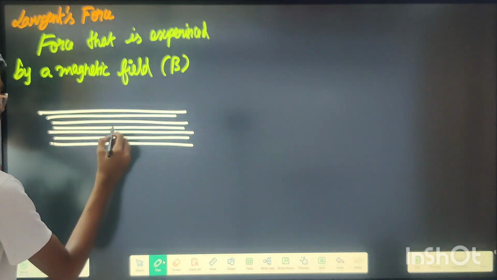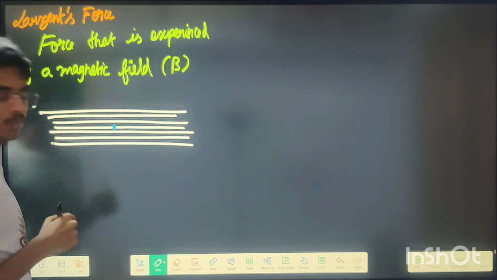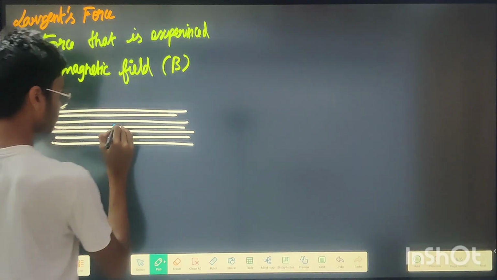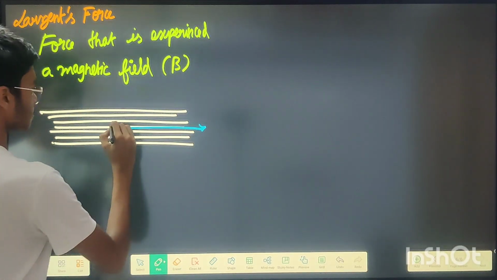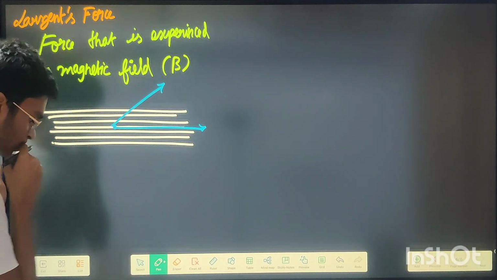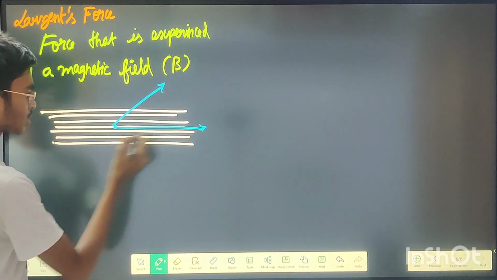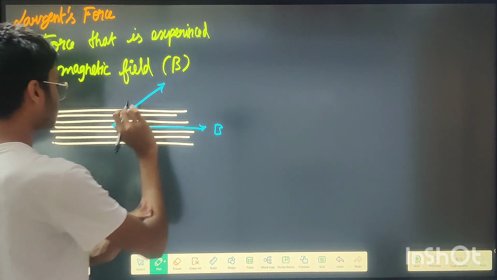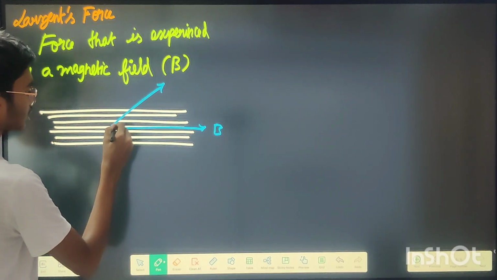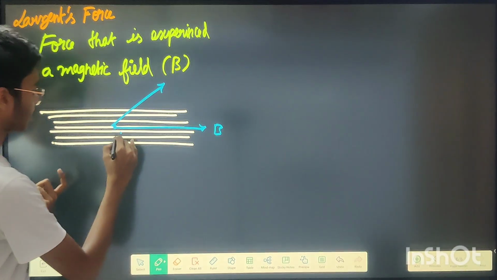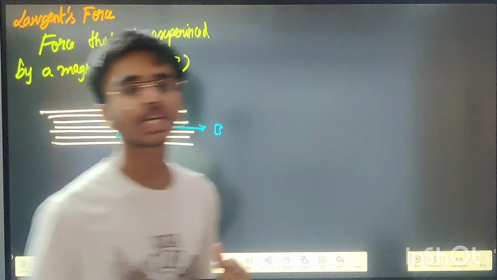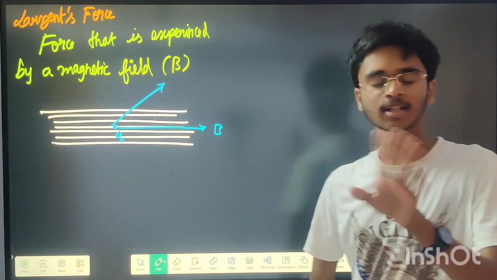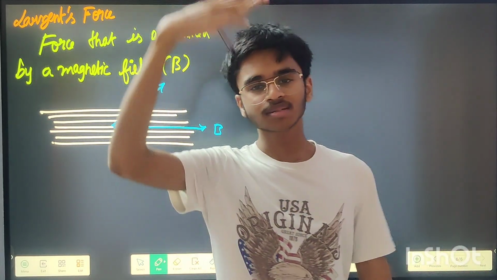Okay, there is this one charged particle. This is the direction of the magnetic field, and this is the direction of the charged particle. We will keep it as Q charge. It is not at rest, it is moving in some x direction.